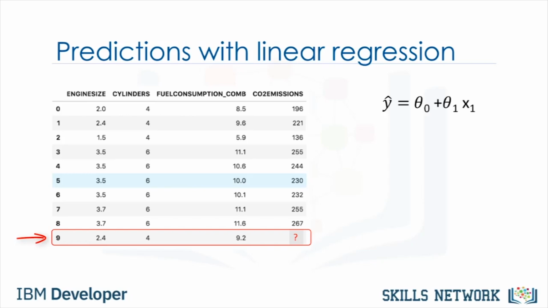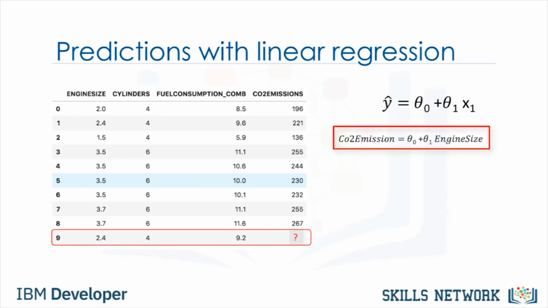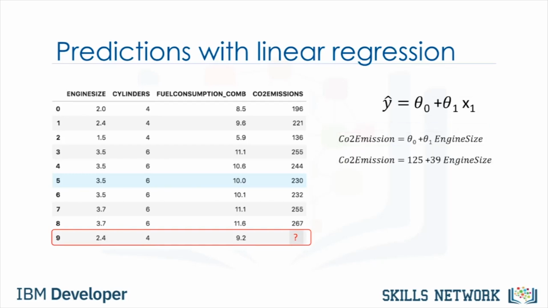Our linear regression model representation for this problem would be y hat equals theta 0 plus theta 1 x1. Or, if we map it to our data set, it would be CO2 emission equals theta 0 plus theta 1 engine size.